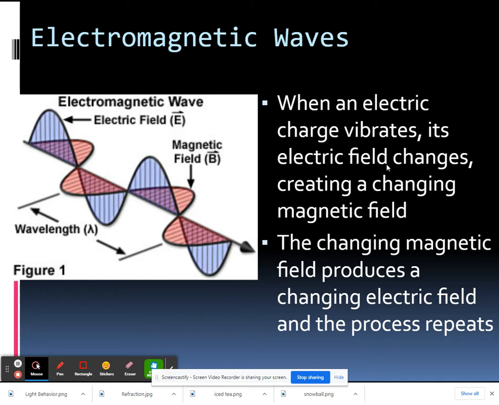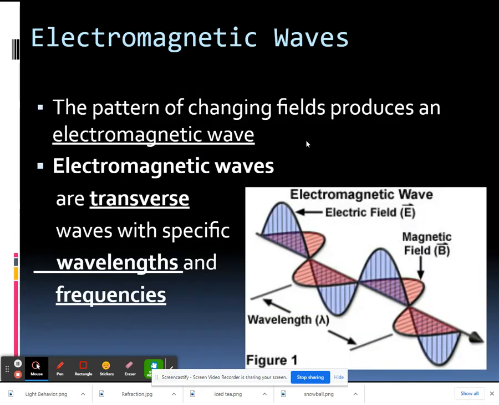We know this already about electricity with electromagnetic induction. A rotating electric field creates a magnetic field, and a rotating magnetic field creates an electric field.